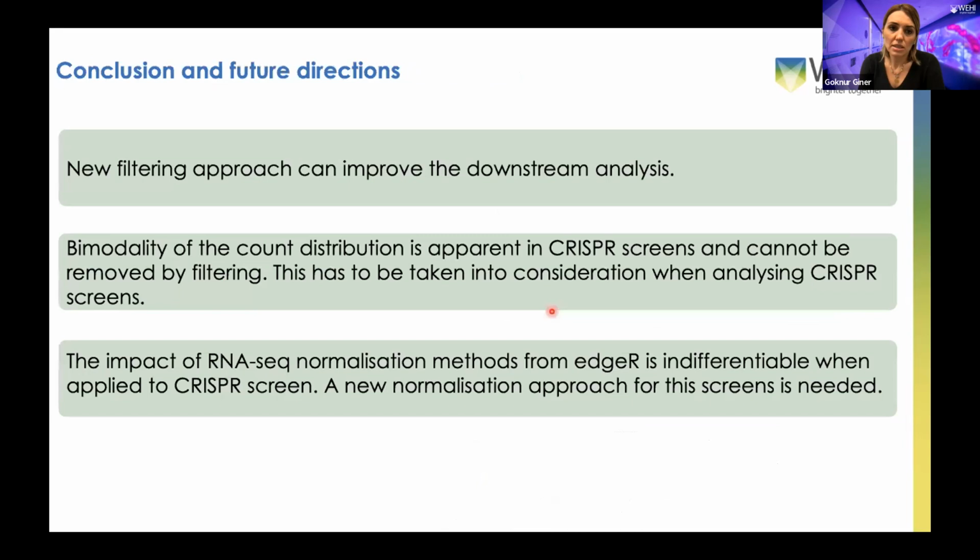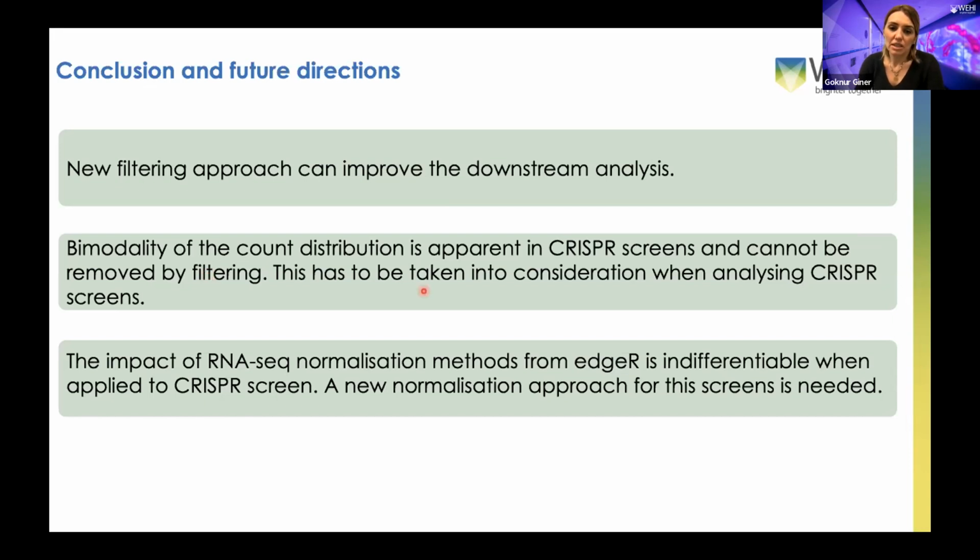So that's actually all, and now the conclusion and future directions. There are 3 main points I wanted to make here. One of them is that the new filtering approach can improve the downstream analysis, and we will be working on it. And bimodality of the count distribution is apparent in CRISPR screens and cannot be removed by filtering like it can be in RNA-seq.